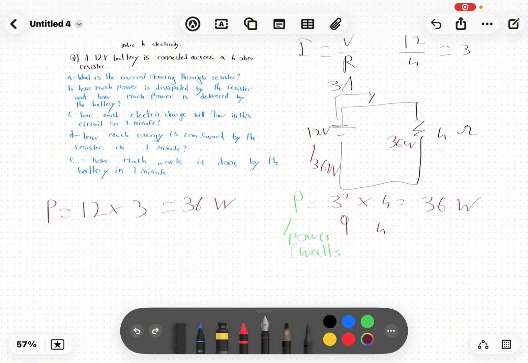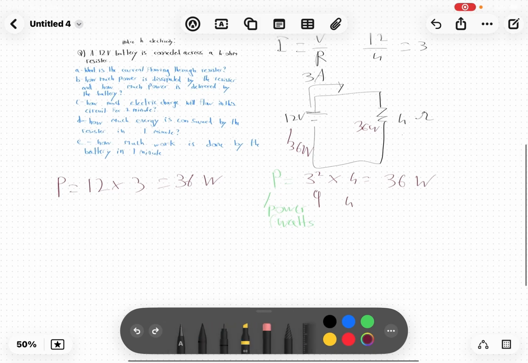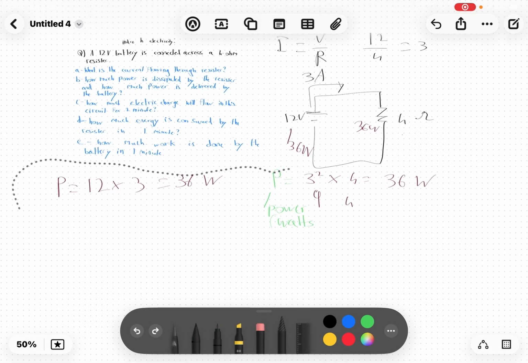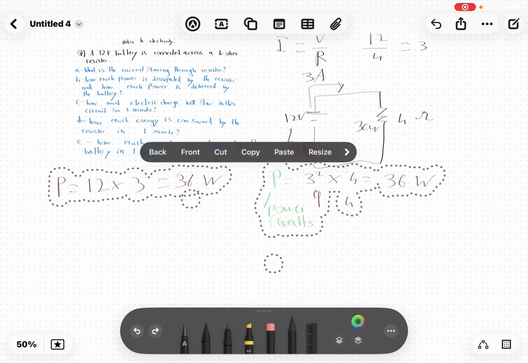How much electric charge will flow in this circuit for 1 minute? Let me just quickly get rid of this because we've got the answers already.